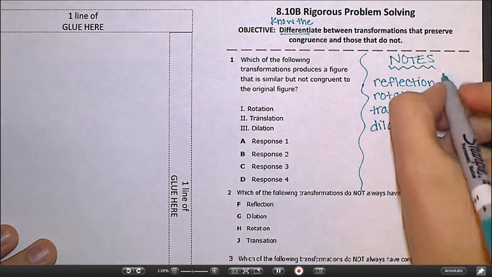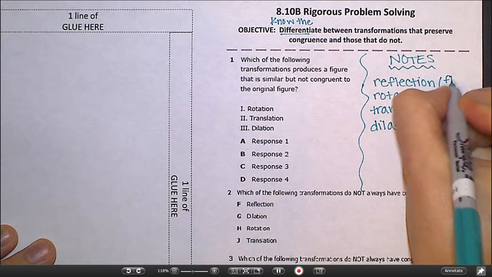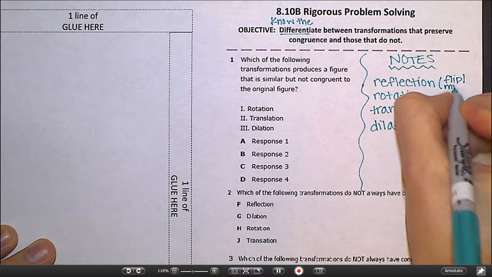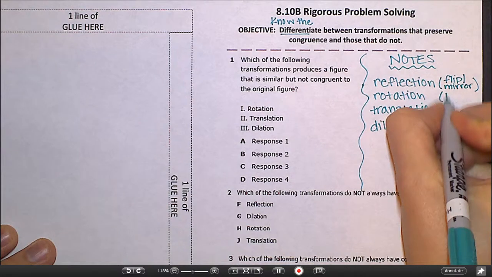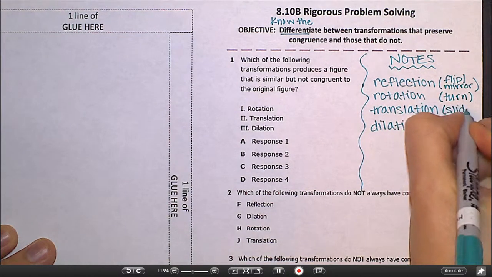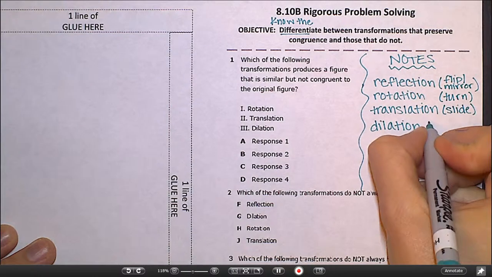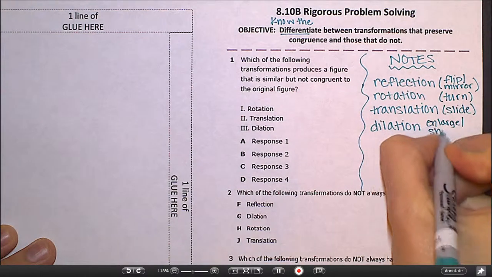And remember, a reflection is a flip or a mirror image. A rotation is a turn. A translation is a slide. And a dilation is where we enlarge or shrink a figure.